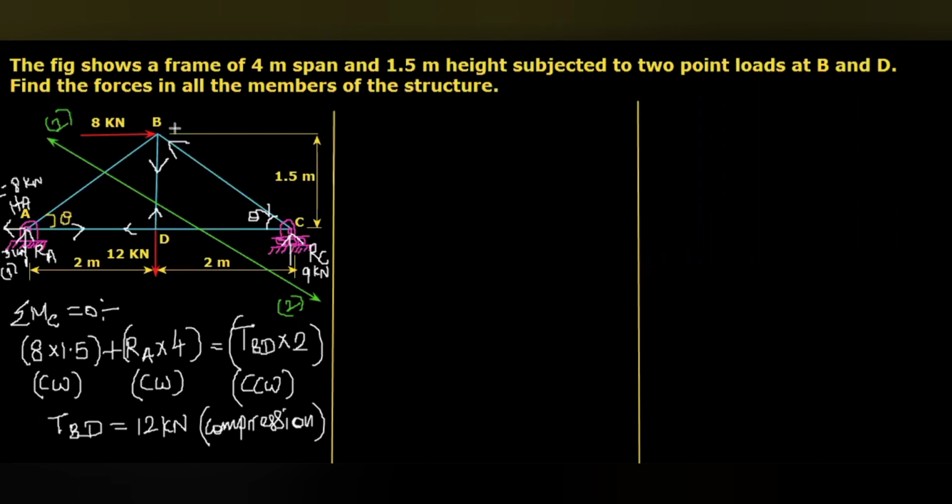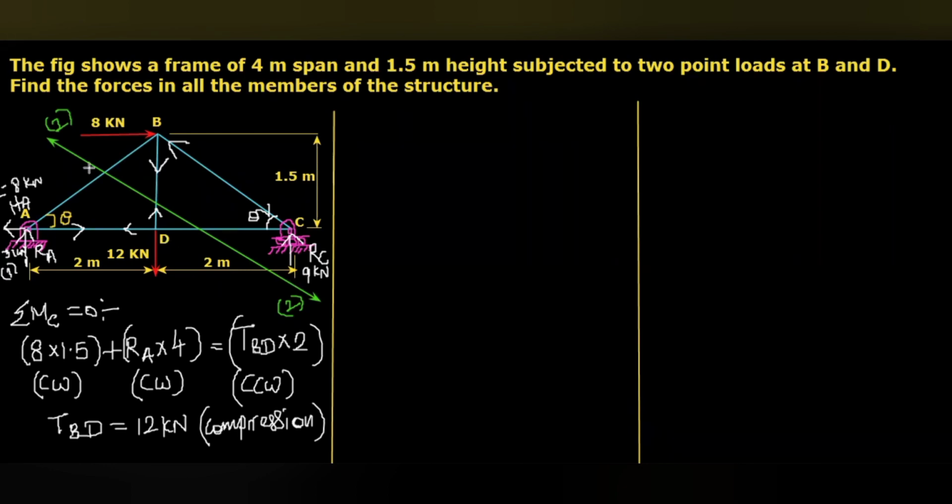Now I am going to consider the section line 2-2, which passes through the required members AB, CD, and also the member BD. A section line can pass through a maximum of 3 members. If the section line passes through more than 3 members, then the calculations will be tedious.